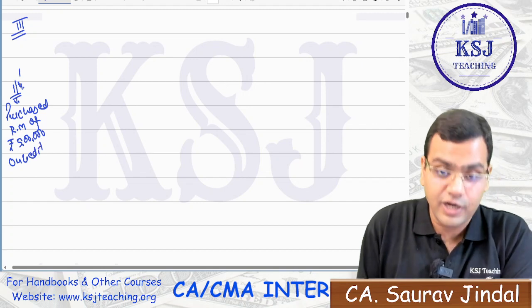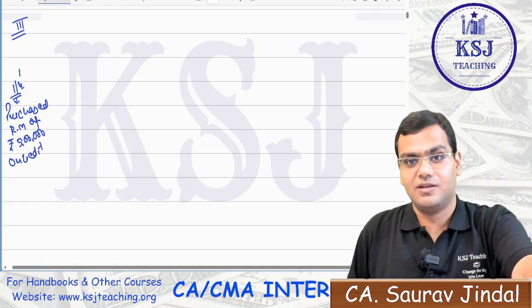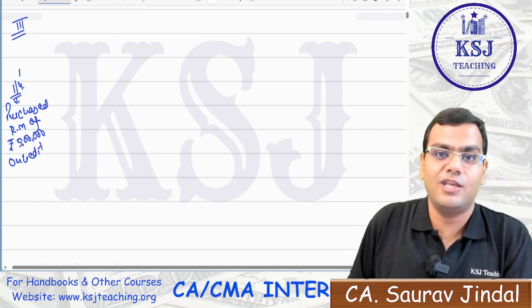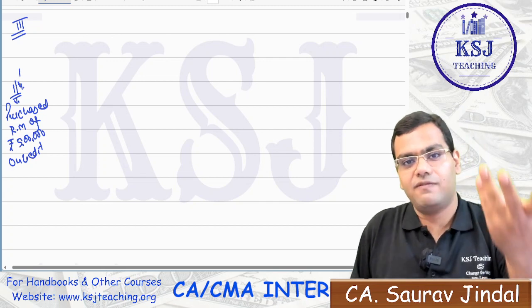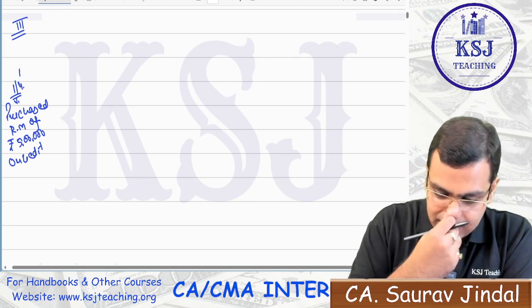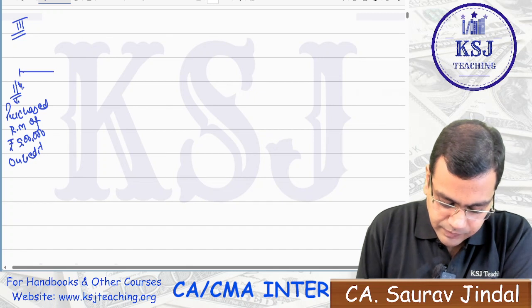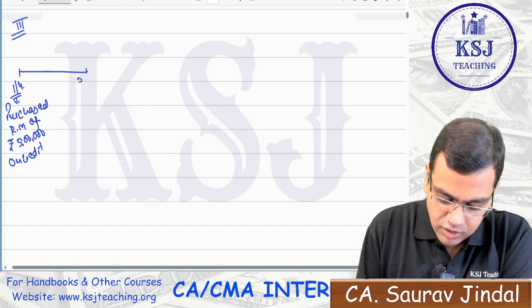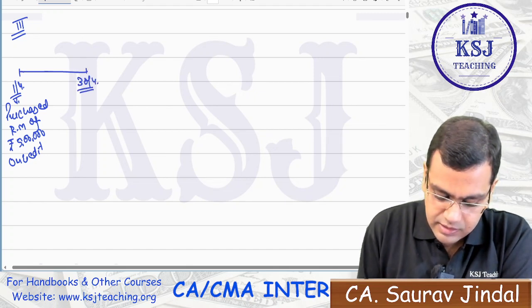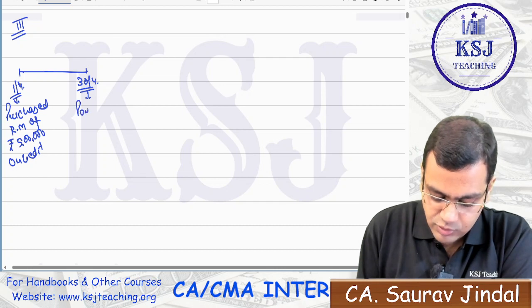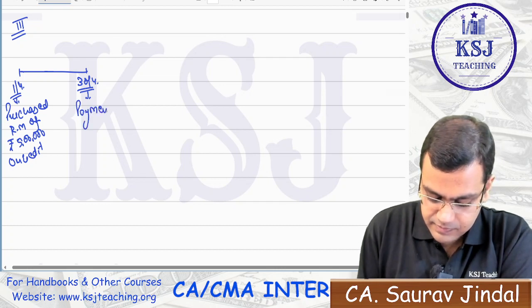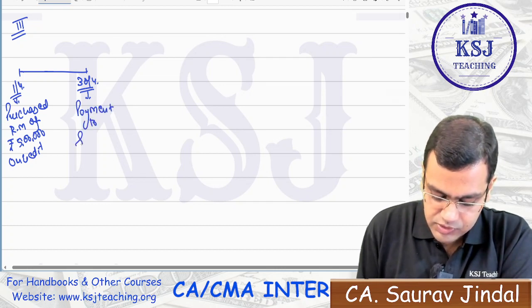Now you have not yet paid to the supplier, sir. You are buying it on the credit. You will pay to the supplier after 1 month, right? So what we are saying is, here, let's say on 30th of April, payment to supplier.